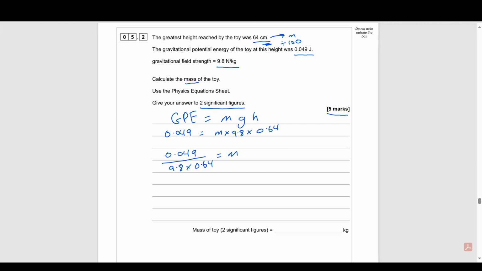If we do that in a calculator, we'll come up with a value of 0.00781. But it is asking us to give our answer to two significant figures. So remember, we're including the zeros up until we get to two numbers that are not zero. So that will be 0.0078 kilograms for our answer.